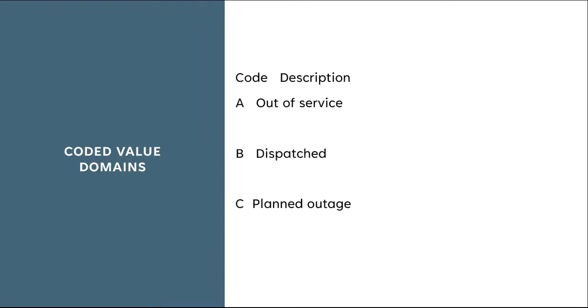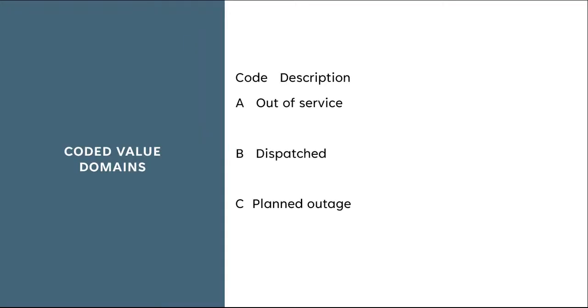It creates more like a drop-down box, for those who have used a GUI, a graphical user interface. Most of the software we use has a drop-down. So this drop-down will help you just make a selection. If it is code A, which is out of service, you just select it. If it's code B, dispatched, and so on.